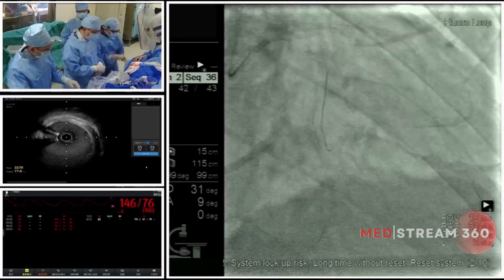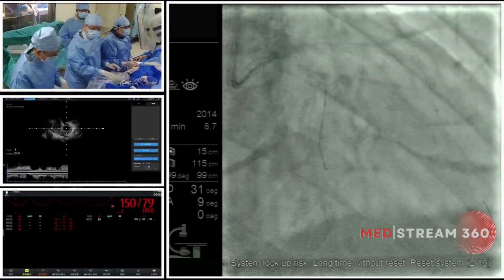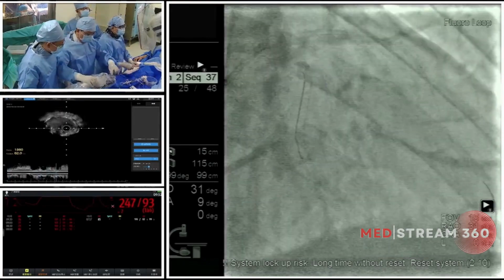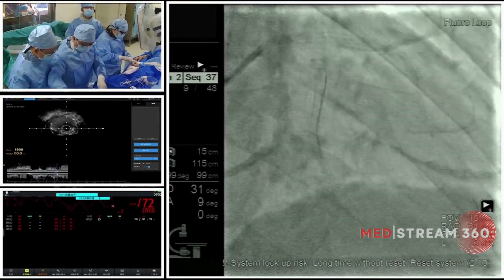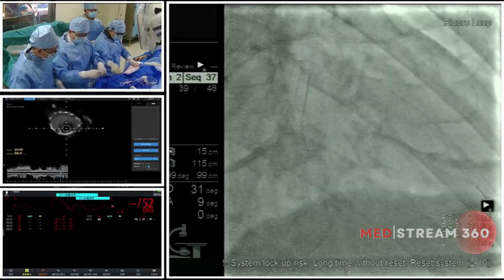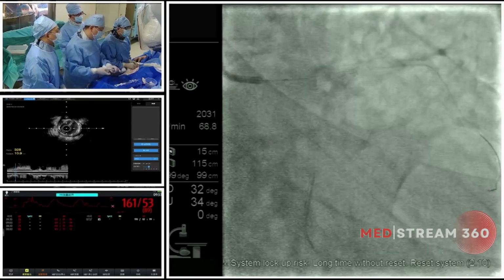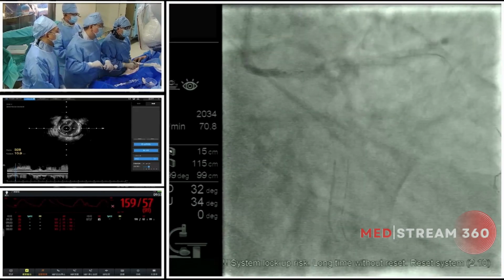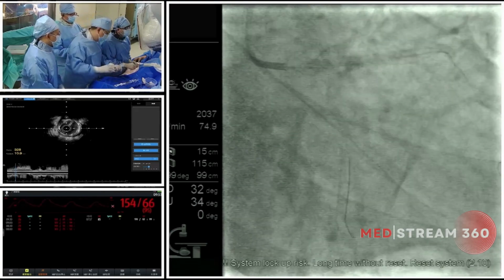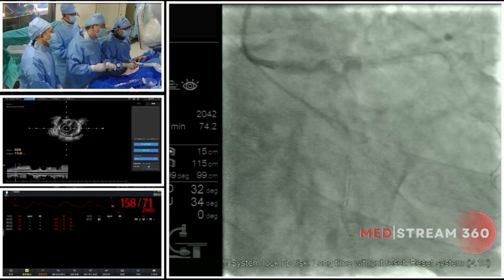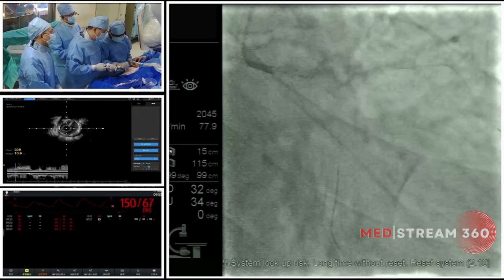We see the stent is in a good position, but in some segments we will perform further post-dilation to get optimal stent expansion. Okay, first we will perform the POT technique.